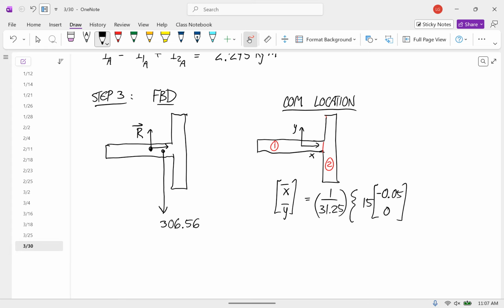Does that make sense to everyone? And then plus 16.25 times the location of the centroid of the vertical rectangle. So that's 0.25 to get to the left end of the vertical rectangle, plus another 0.025. So this is 0.2750.